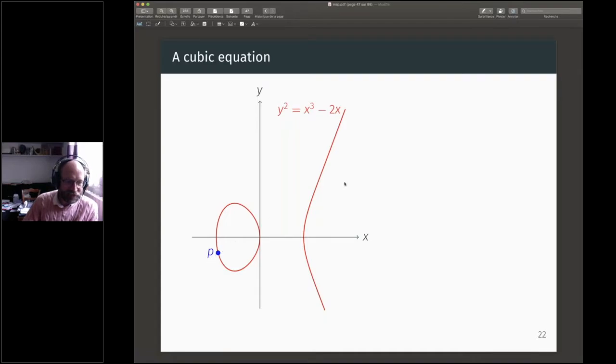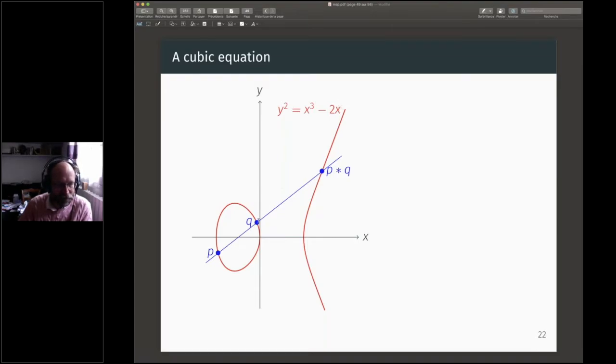Okay, so you imagine that it will cross the elliptic curve in two more points. So what I will fix is the second point, Q, and now I draw the line joining P and Q. And it crosses the elliptic curve in a third point, which I call P star Q. And this always works like that, because when I plug into this equation, y squared is x cubed minus 2x, I plug y as a linear function of x, and then I get a degree 3 equation in x.